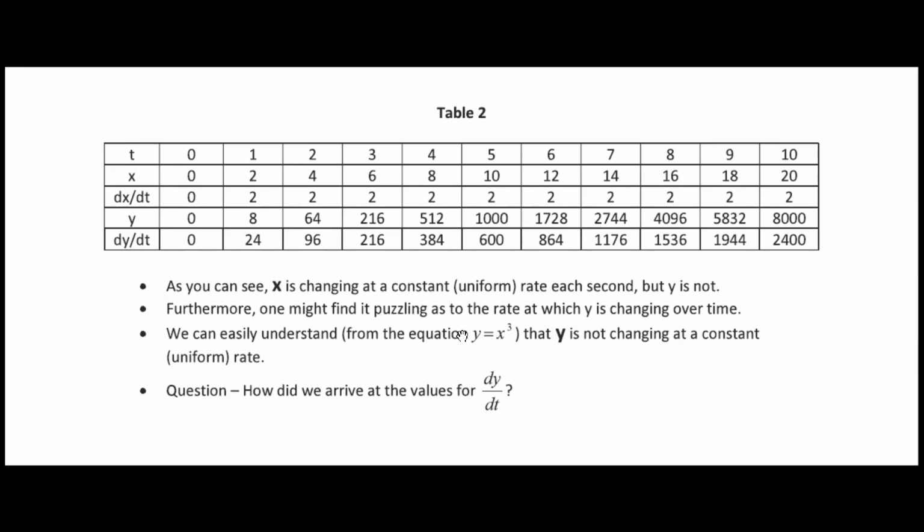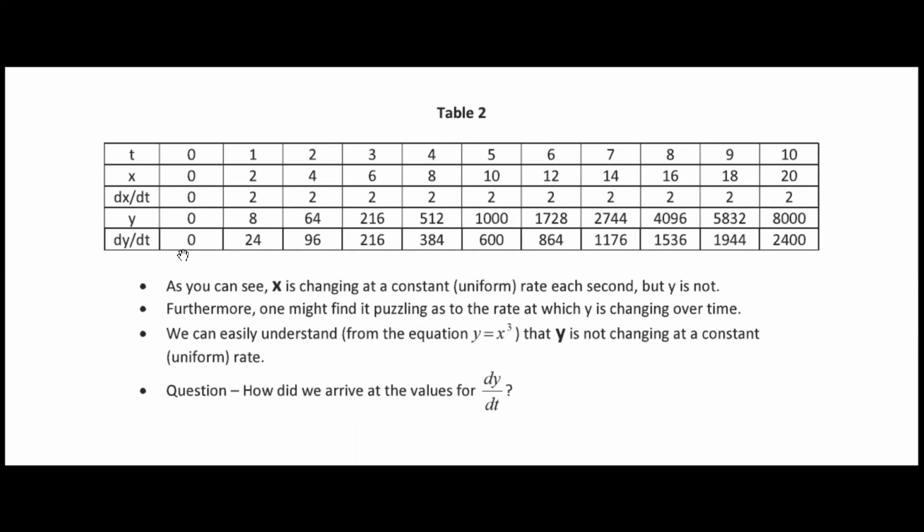Now remember, y is x cubed. So if x is 2, then 2 cubed is 8. When x is 4, then 4 cubed is 64. When x is 6, 6 cubed is 216, and so on. So that's where we get those y values from applying this given function to it.